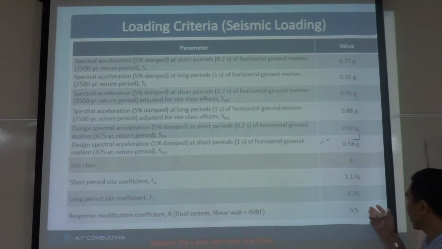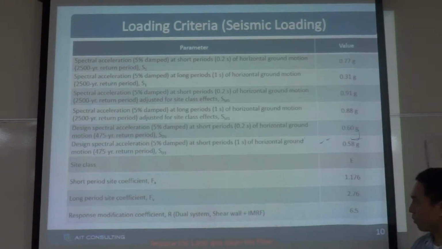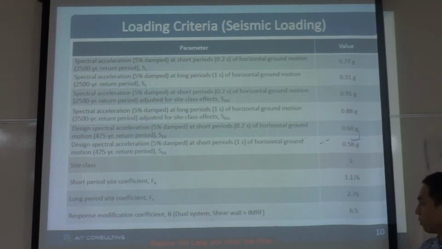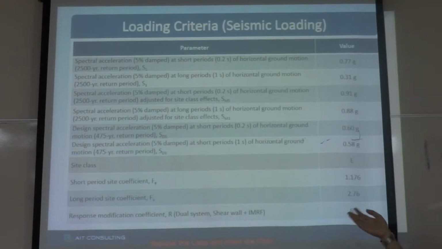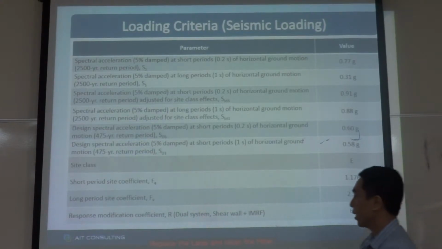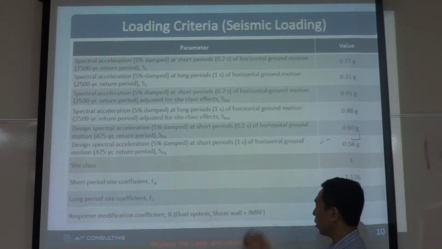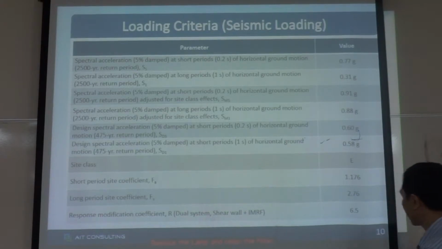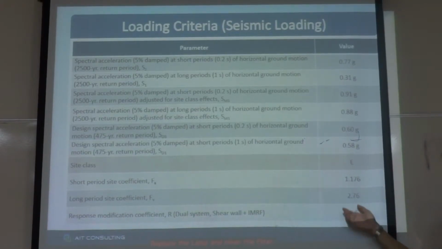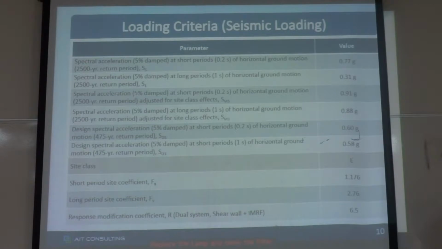Another important thing is the response modification coefficient. It depends on the structural system that you selected. If you select a dual system which has shear wall and intermediate moment resisting frame, the code gives an R value of 6.5.